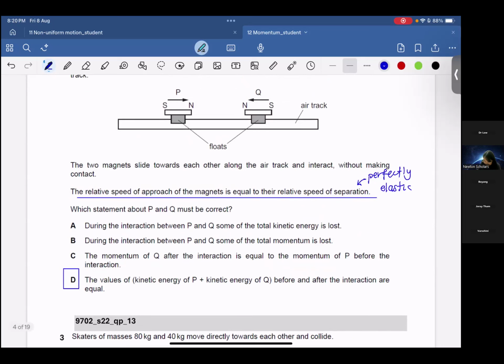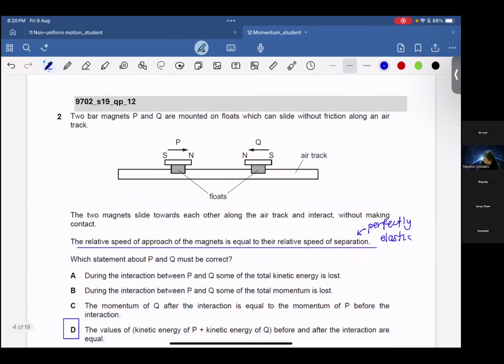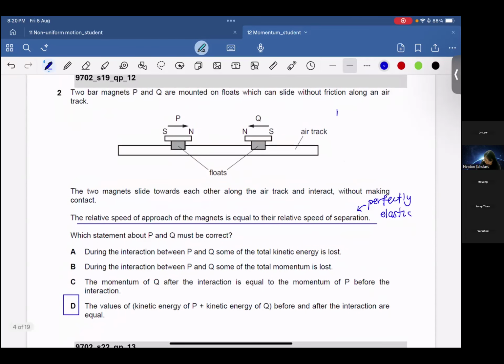Momentum of Q after collision equals momentum of P before collision? No, because here m1u1 plus m2u2 equals m1v1 plus m2v2. You cannot say that. Let's say this is P. The P before interaction equals the Q after?